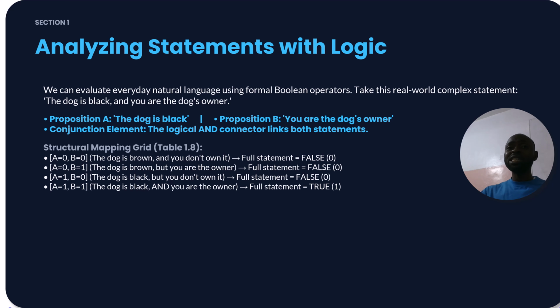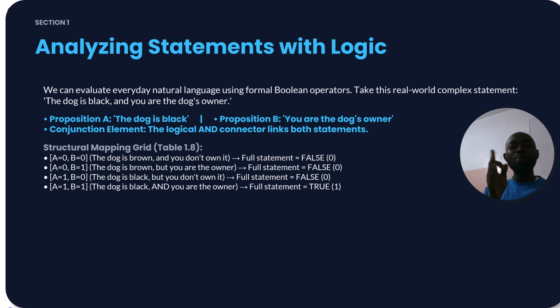So if you look at it from a logic perspective, let's look at it from the logical AND connector. That is the operation that tells us that we can only have a true outcome when simultaneously the inputs are both true.